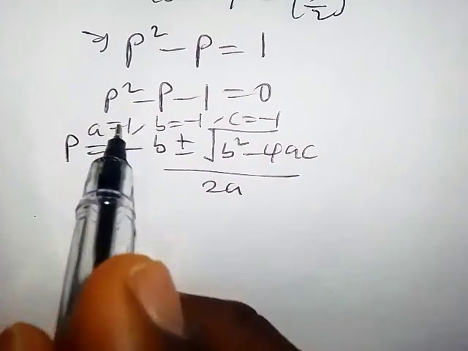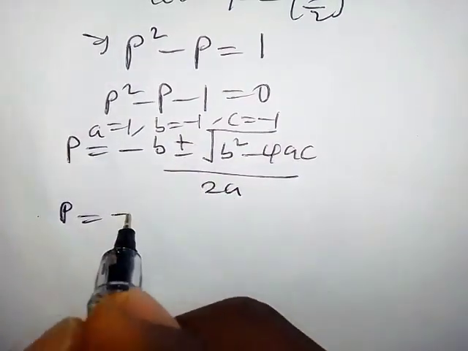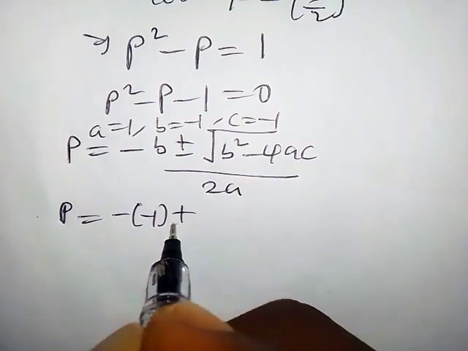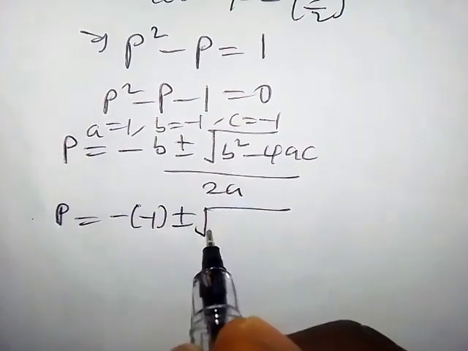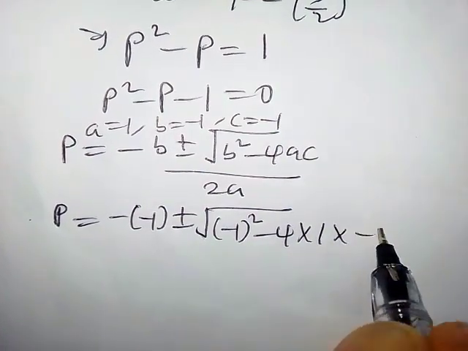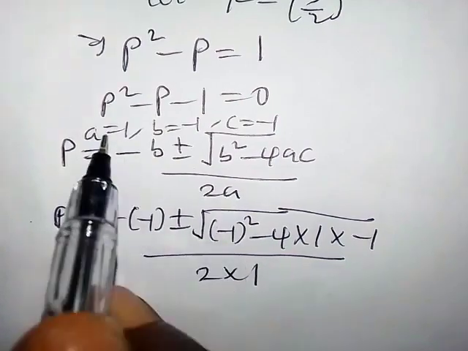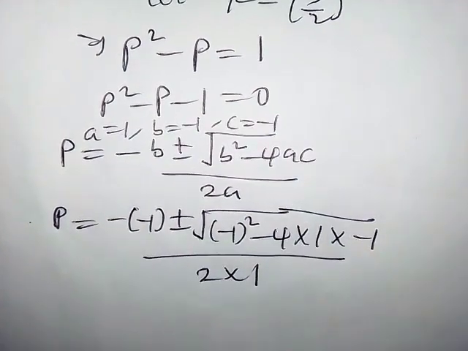So let's plug these values here. So we're going to have p equals, b is minus 1, so we have minus into minus 1 plus or minus. In place of b, we have minus 1 all squared minus 4 times 1 times negative 1 over 2 times a. Because the value of a is 1, the value of c is negative 1.